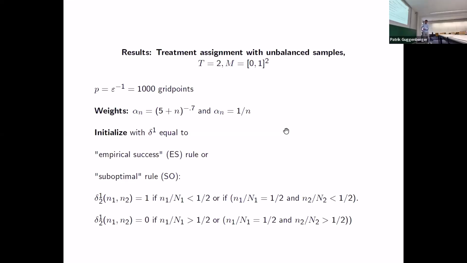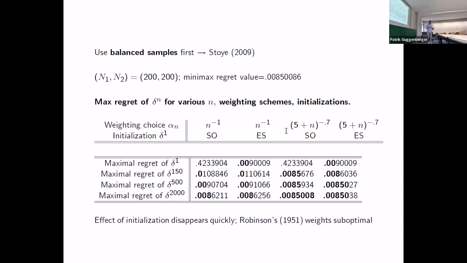We experiment with different initializations. We take an empirical success rule and also something that is clearly suboptimal, just to determine how much the initialization matters for the performance of the algorithm. We started with a balanced sample with an equal number of observations for each treatment.